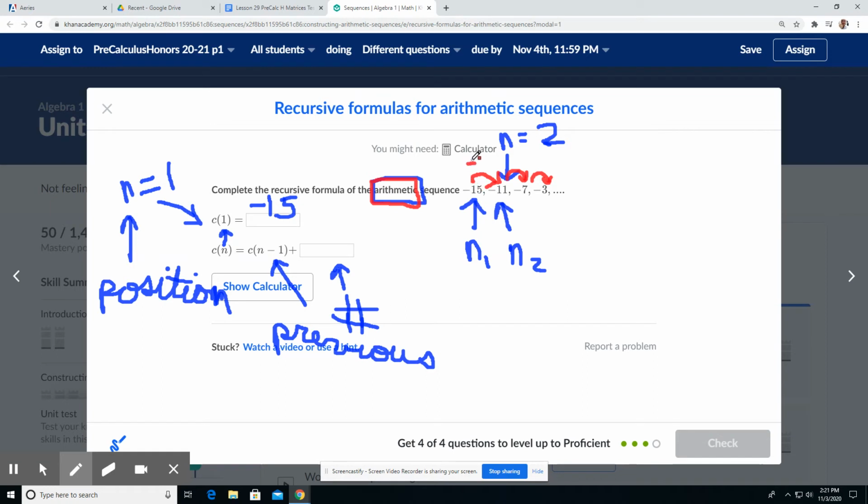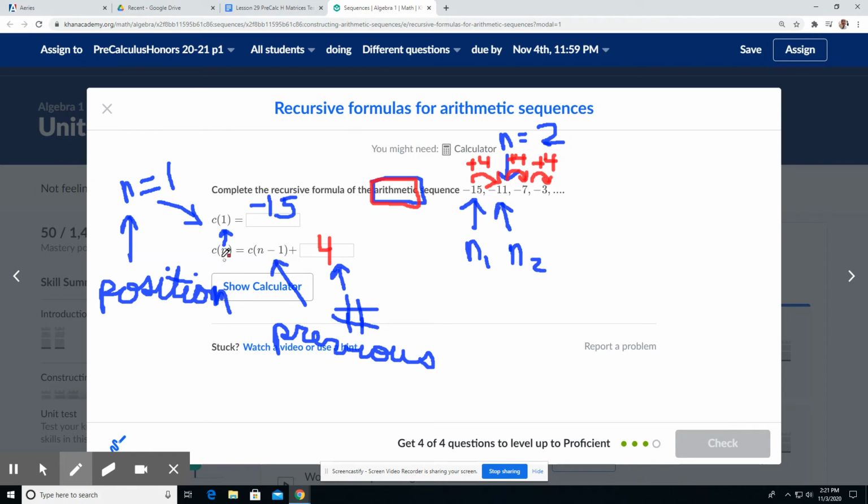That would be a plus 4. Negative 15 plus 4 is negative 11. Negative 11 plus 4 is negative 7. And negative 7 plus 4 is negative 3. Now, they've already kind of done all the hard work for you by setting up the form here. So we're just putting in the number 4 here. That's what's being added to each one.